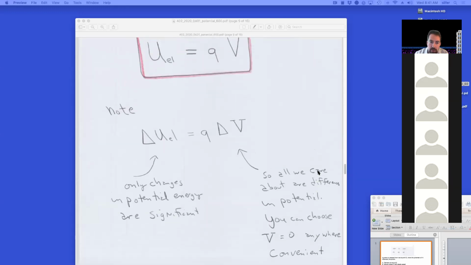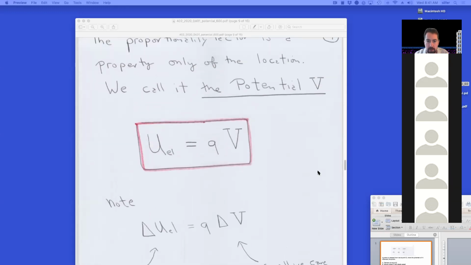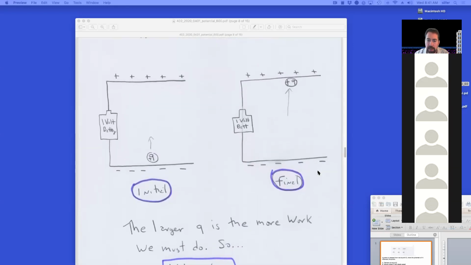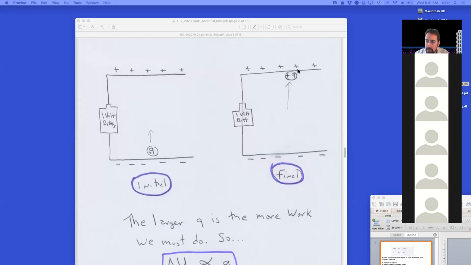There's a very nice example of this in your book, which I'll summarize in 30 seconds here. The basic idea is, if I have a region in space where there is some separation of charge, I would measure the work that it took to move a 1 coulomb charge from here to there, and then measure the work it takes to move a 10 coulomb charge from here to there, and a 100 coulomb charge from here to there.